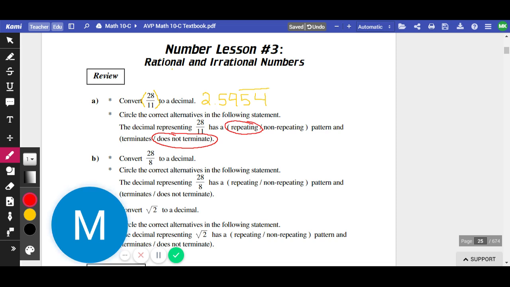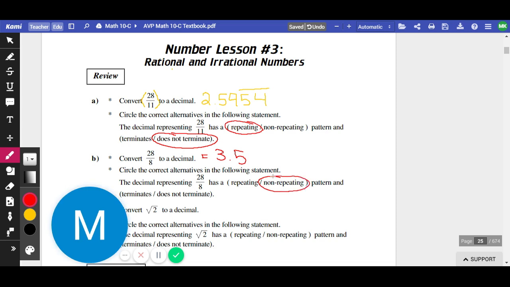If we look at the second one, 28 divided by 8, we put that into our calculator, convert it into a decimal, and we get 3.5. If we had to talk about that decimal, we would describe it as non-repeating, right? There's no repetitions there, so non-repeating.